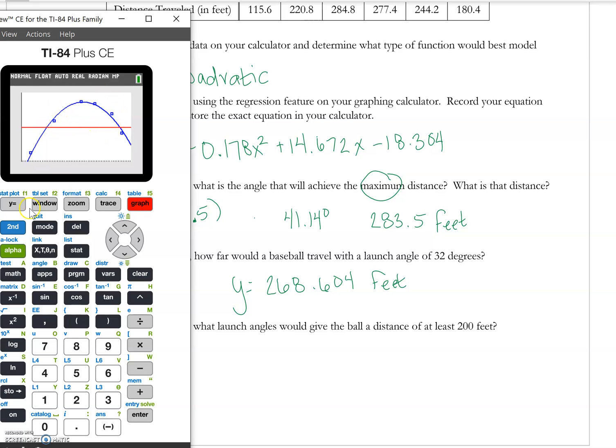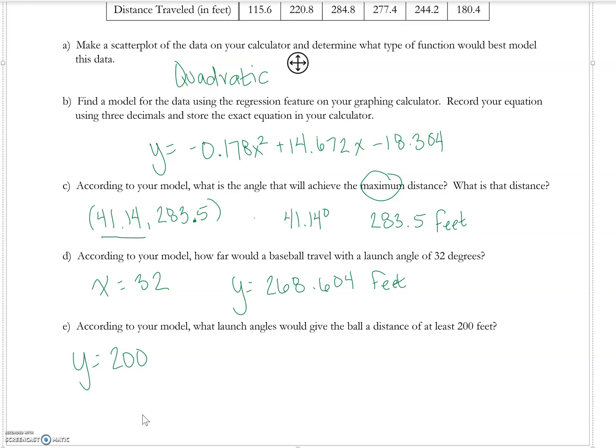I see 2 points of intersection there. So I'm going to find those 2 points by hitting second trace, 5 for intersect. I'll go over to those 2 points of intersection and hit enter 3 times. 1, 2, 3. So I know that the first one that will give me exactly 200 feet is 19.5 degrees.